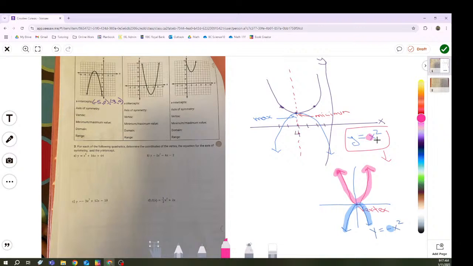In this one, it went down here where my vertex was, so the axis of symmetry was at x equals -4. Going back to your original equation, where we see the U, we see where it starts to reverse its direction, where there would have been this imaginary line that splits it down the middle. That's your axis of symmetry.